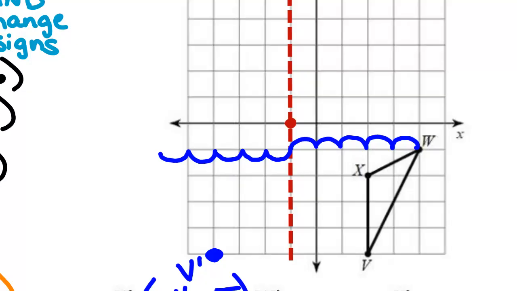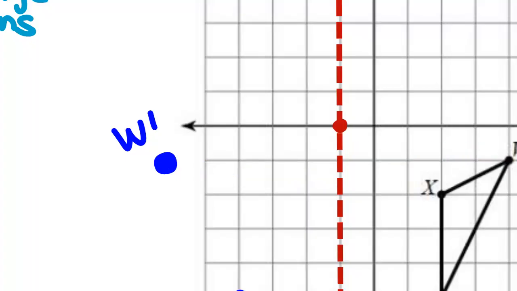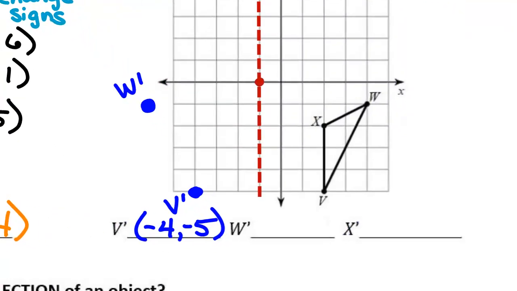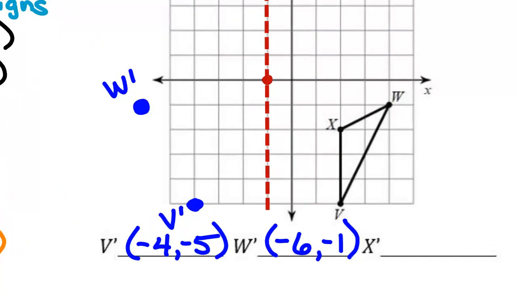We're going to have to go 1 hop past the graph to put our point down to get W prime. Where would that put W prime? -6, -1. Yep, -6, -1.